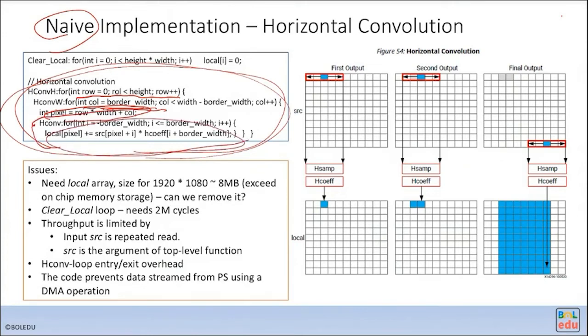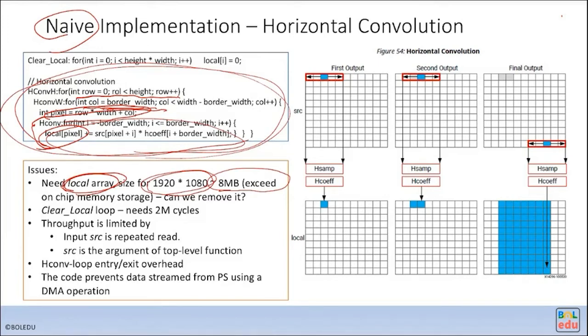Let's see what's the problem with this code. First, you need a local array. Let's say you are handling this size of image, then you need 8 MB of memory. So a local array saved on chip is not feasible.